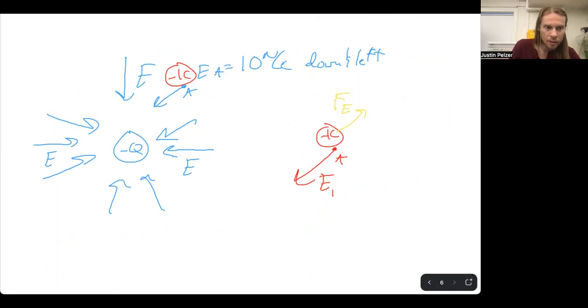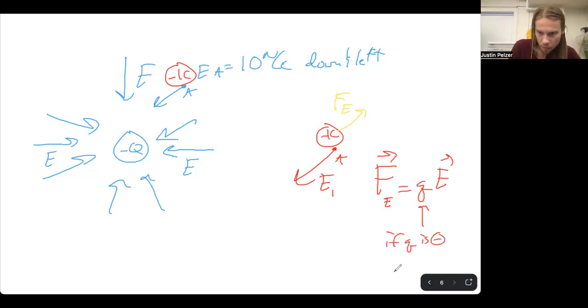What does that equation say? F as a vector is q times E as a vector. So if little q is negative, then Fe is in the negative E direction.